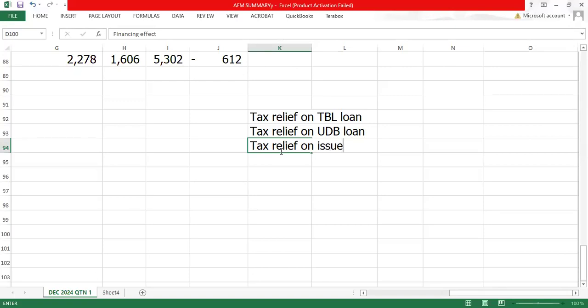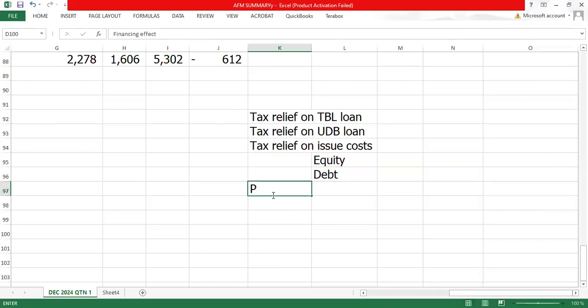If a question has issue costs, then you must go ahead and get the tax relief on those issue costs. Issue costs could be on your debt, it could also be on equity. As you raise the money, there are some costs you're going to incur. That's also something you need to know.